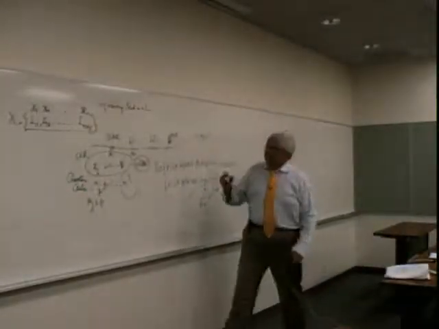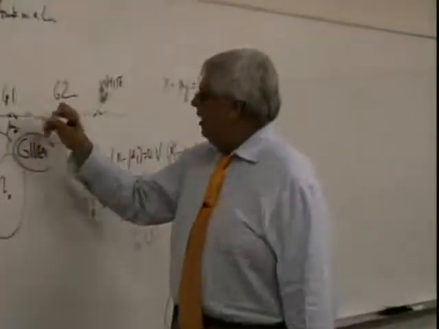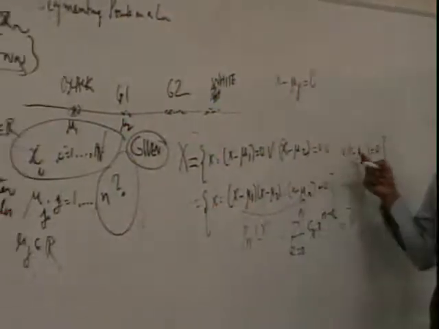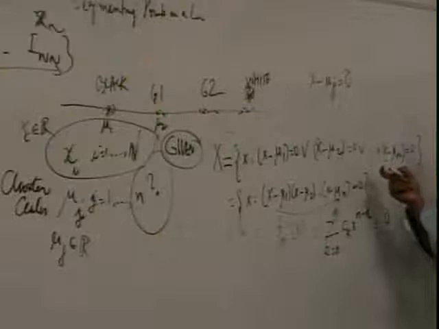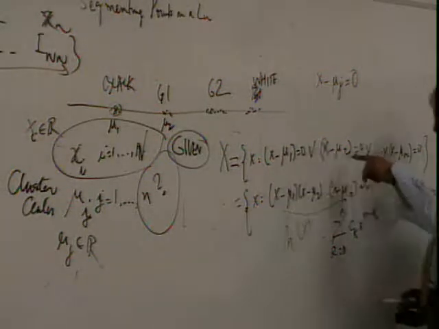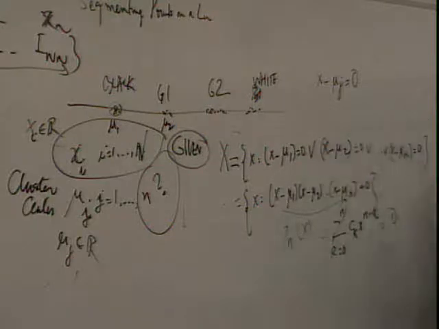If all the data was either in mu1 or in mu2 or in mu n, then I could have written out an abstract description like this. Of course, you'd just solve it. This would say x is either mu1 or mu2 or mu n, and that's the solution of this set of equations. But you don't know what mu1, mu2, mu n are, and you don't know how many clusters there are.